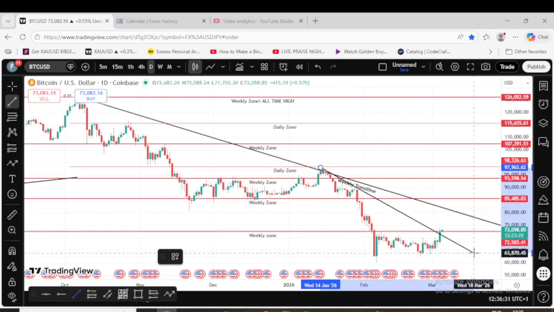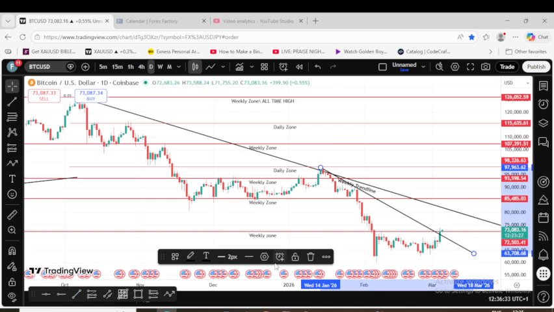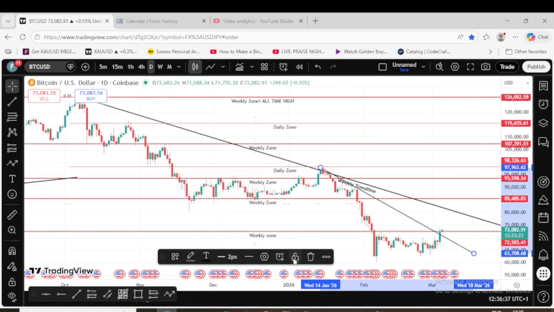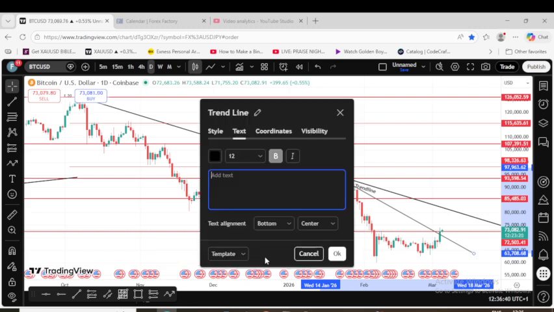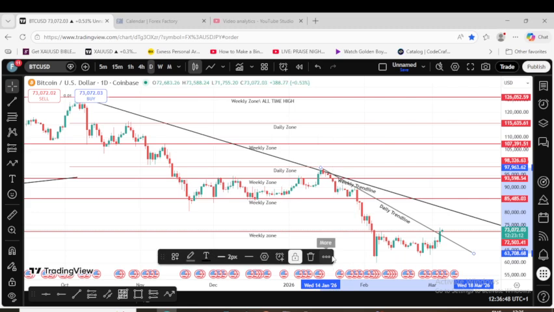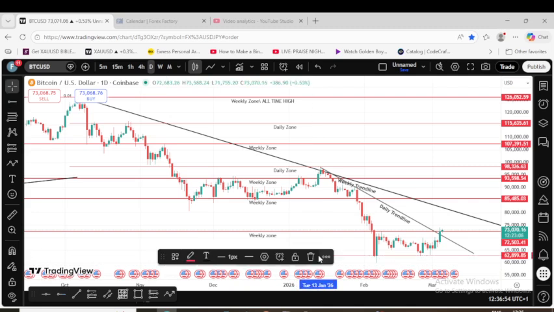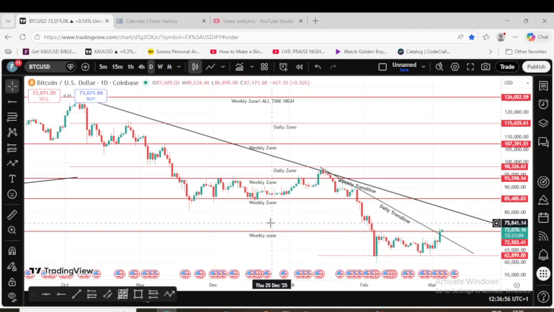Okay, but this one has not been violated. So this will now be our daily trend line. I believe this also counts as a daily zone because price has found support on this level multiple times.